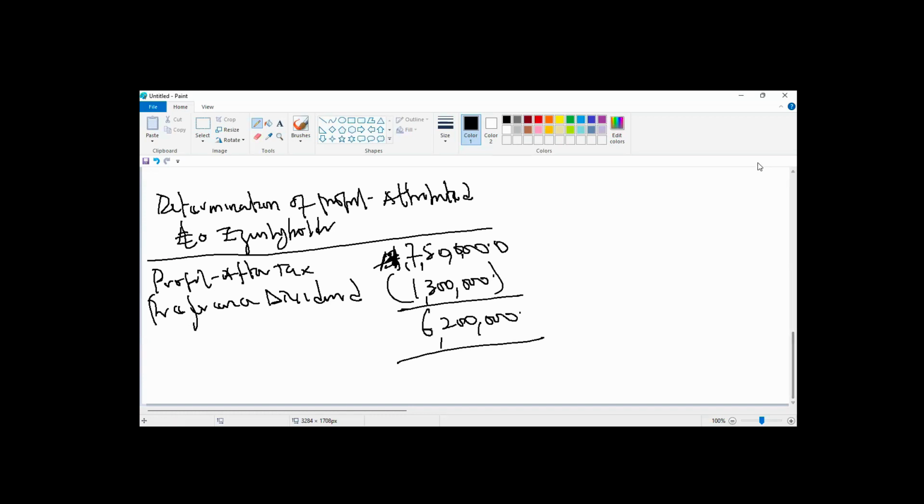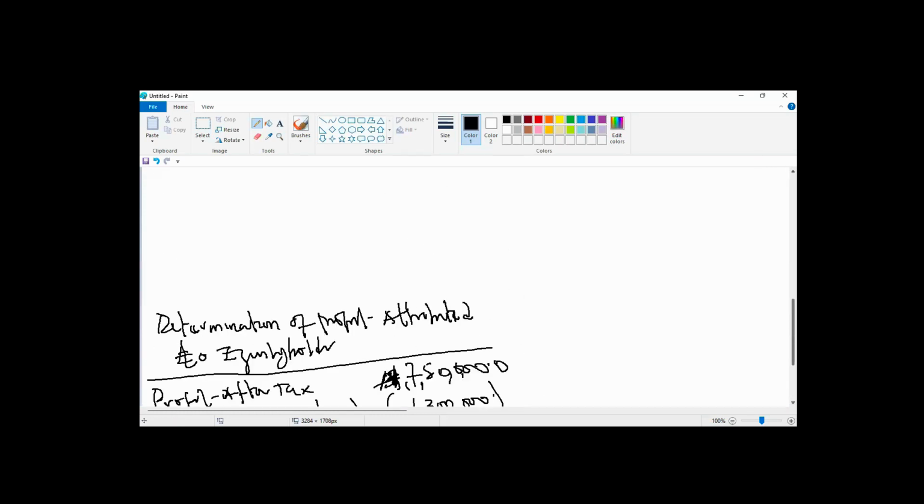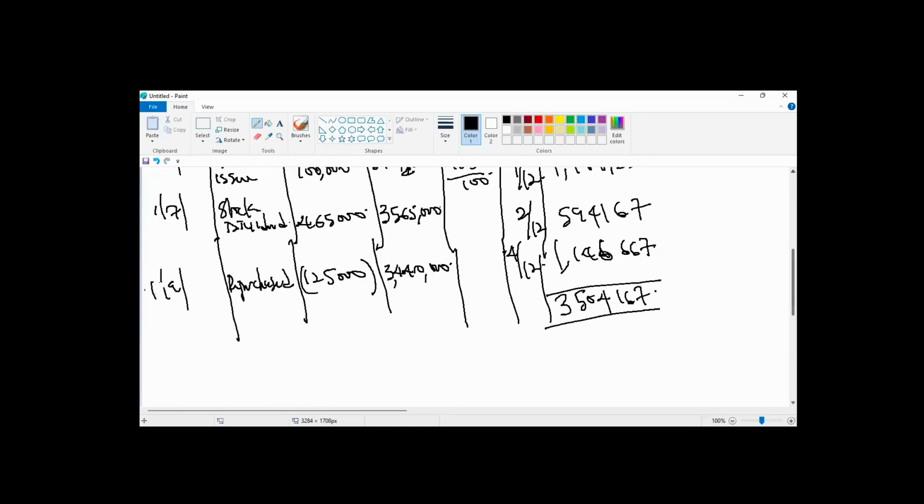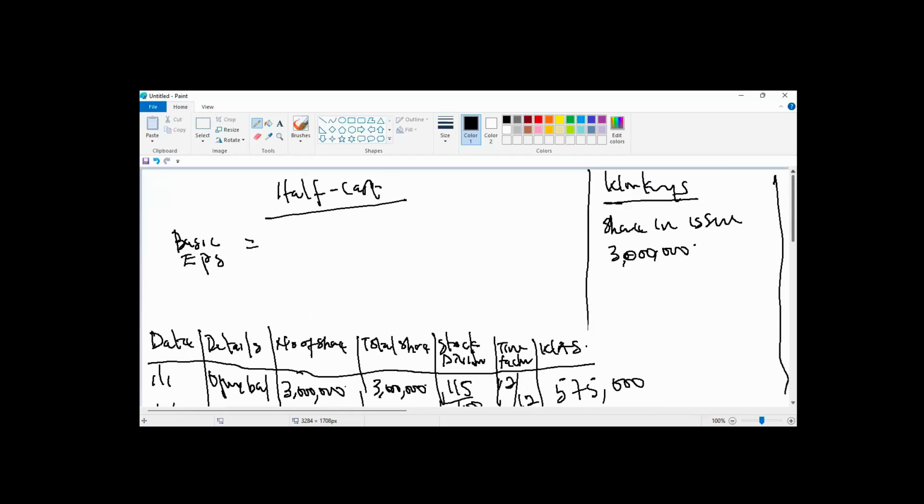So I can now divide it by the weighted average shares, 3,504,167.